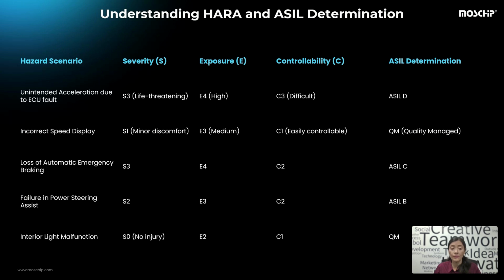The important part here is that the ASIL level determines the depth of your safety activities. That is, it tells how seriously we need to treat each one. Based on that, safety activities are determined, from architectural requirements to verification coverage, tool qualification, and independence in assessment.